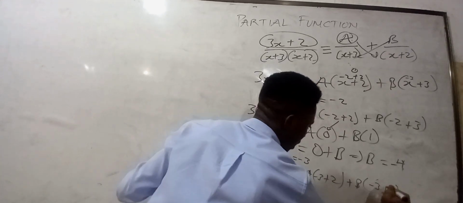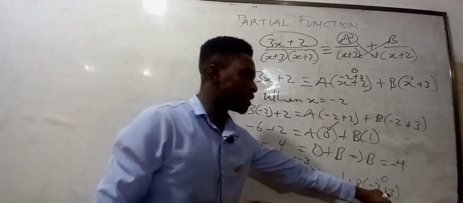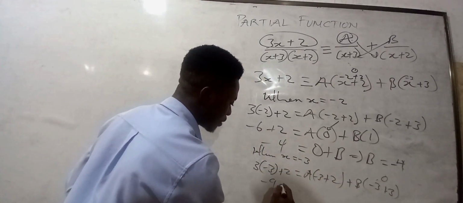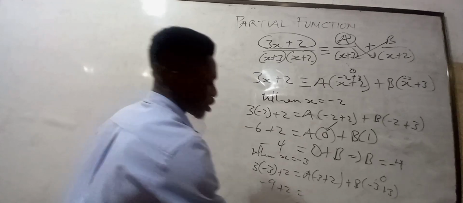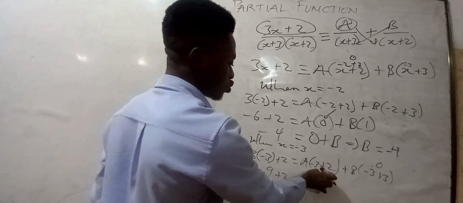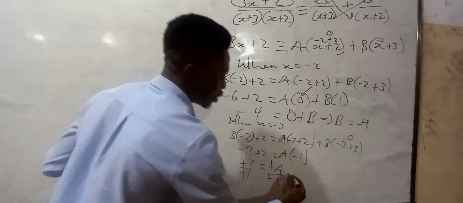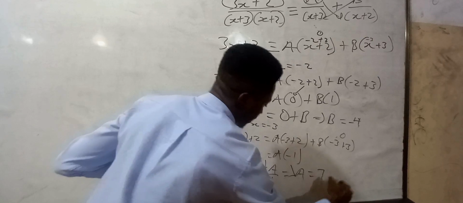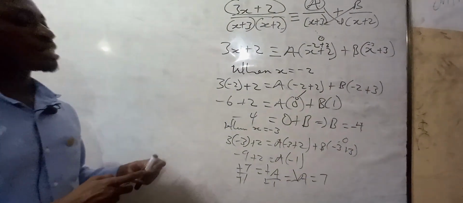So all here becomes 0, because we've eliminated it. So here we get -9 plus 2, which is equal to A into bracket -1. -3 plus 2 is -1, so we get -7 being equal to -A. We divide here by -1, we divide here by -1, they cancel each other. So therefore our A becomes 7. So now we have the answer for A and B.